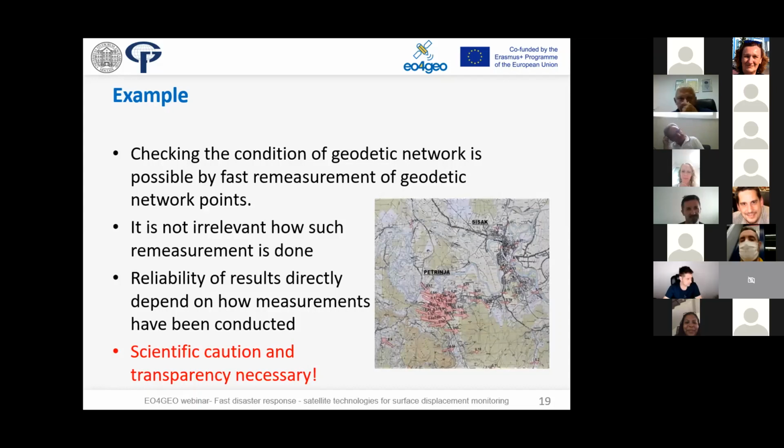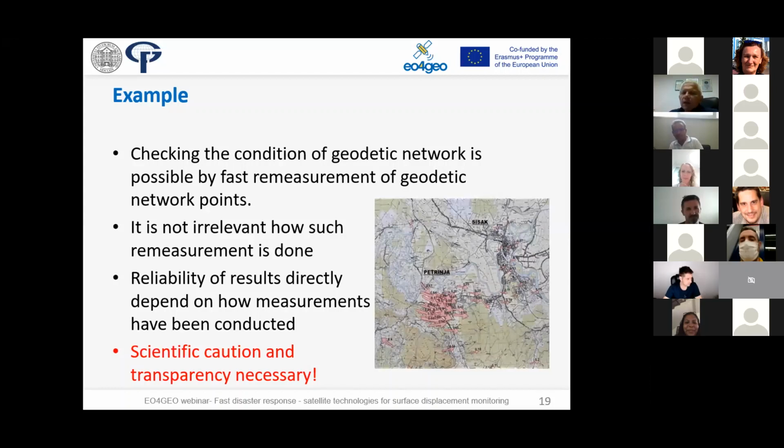We also have no information if there were some displacements or errors or shifts of the points in time from the date when they were initially measured till the earthquake. And in this sense, we have to assume that outliers or some errors are also possible, and we should be aware of this.